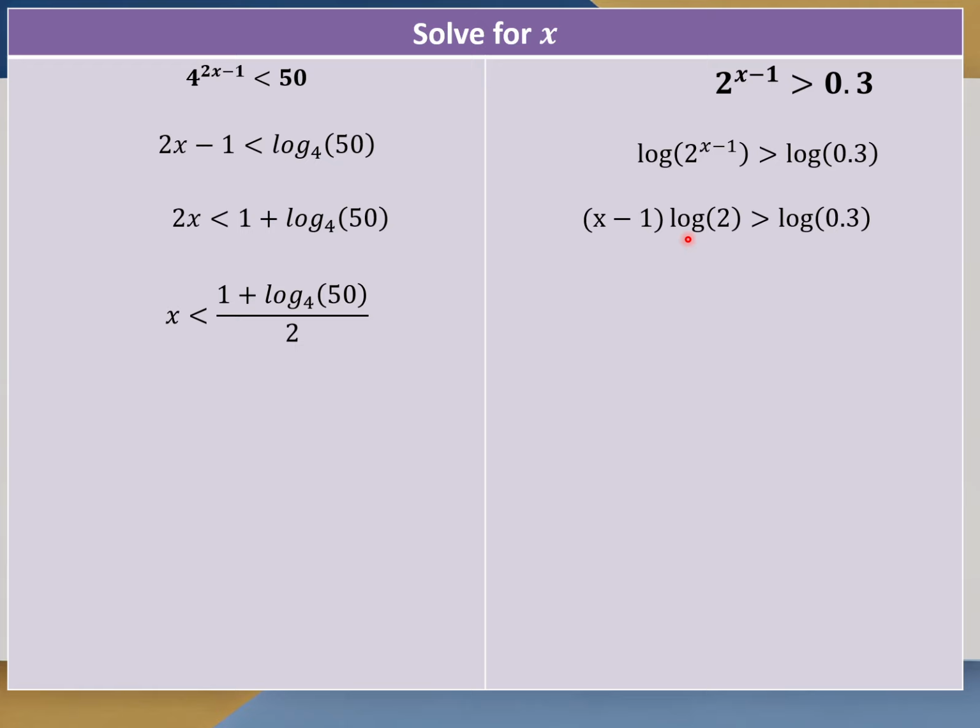Now that's timesing by log 2, so the easiest way is to do the inverse and divide by log 2. That gets me x minus 1, and then I can just add 1. So I didn't need to change my inequality sign, and that's purely because this 2 is greater than 1.